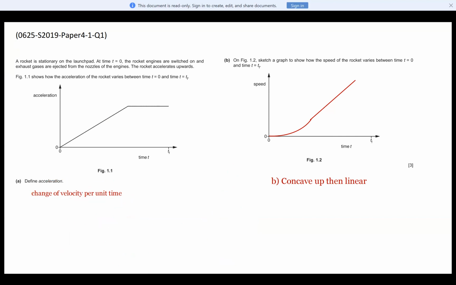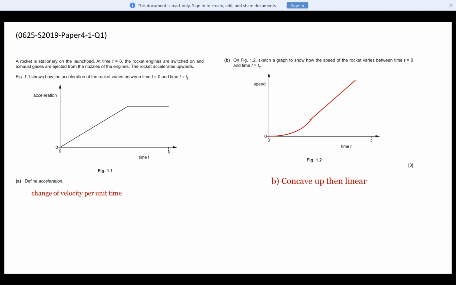Now for the second part of the question, we're told on figure 1.2, sketch a graph to show how the speed of the rocket varies between time t equals 0 and time t equals tf. So in figure 1.1, the acceleration is increasing. The acceleration is not constant.